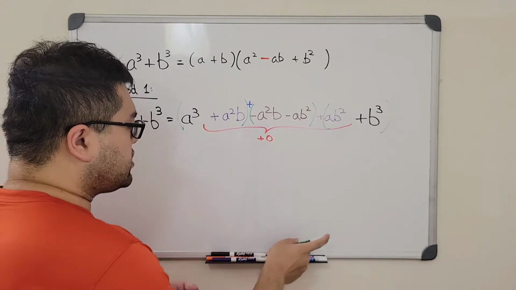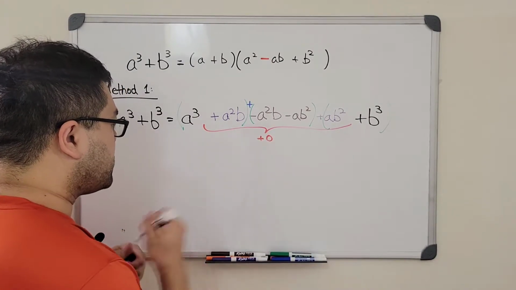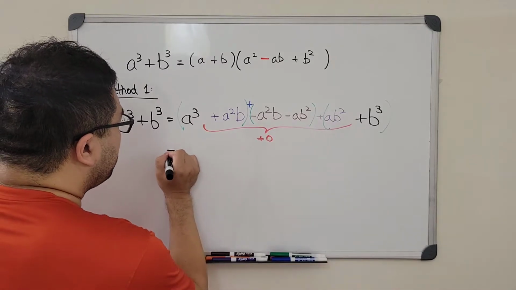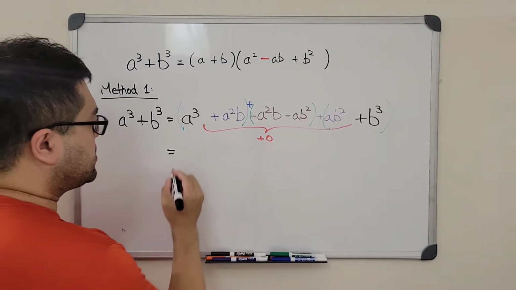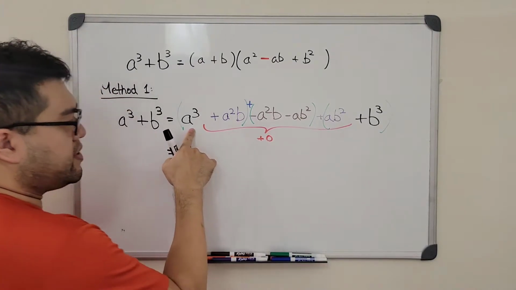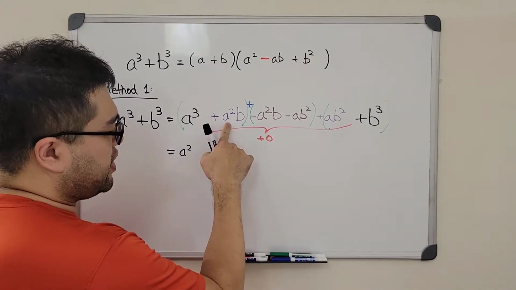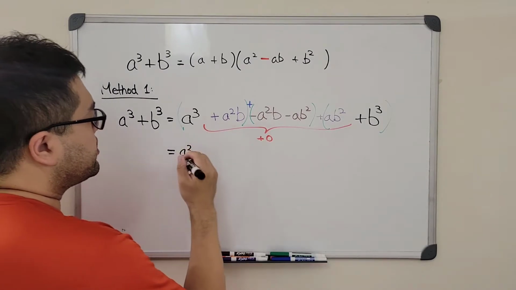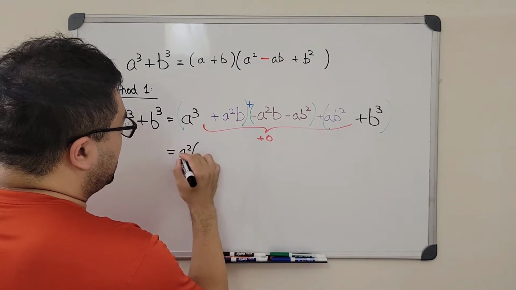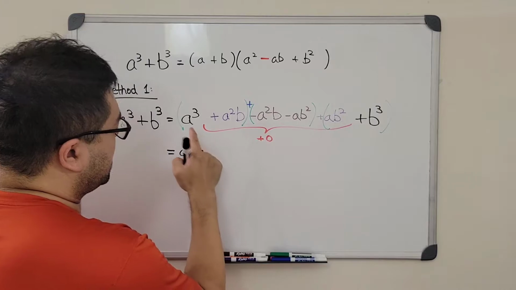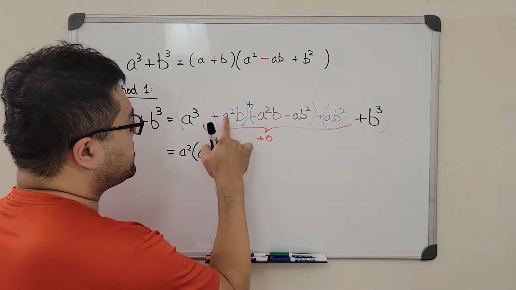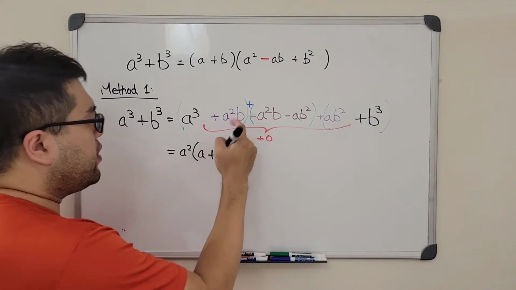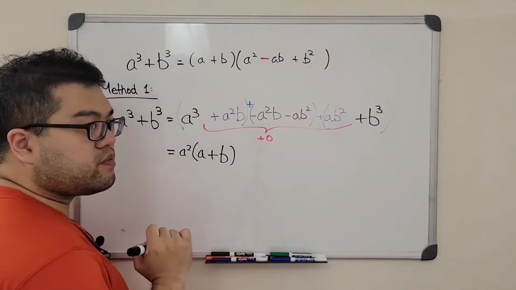So if we do that, we will get the following expression. For the first parentheses, we can actually factor out a squared because we have 3 copies of a here, and 2 copies of a here. So that we will get a squared times, taking off 2 copies, we have 1 copy left, a, plus taking the a squared away, we have b here.